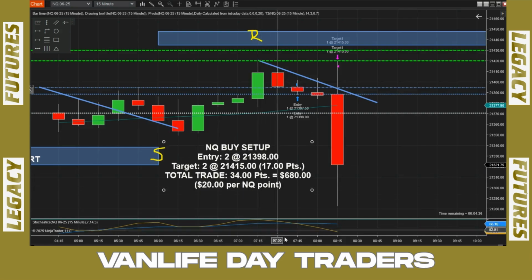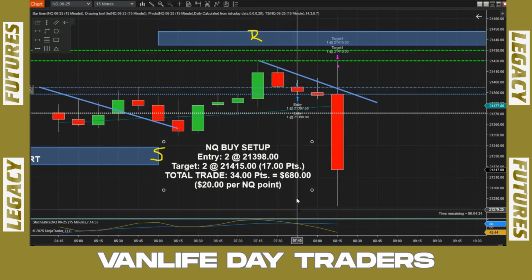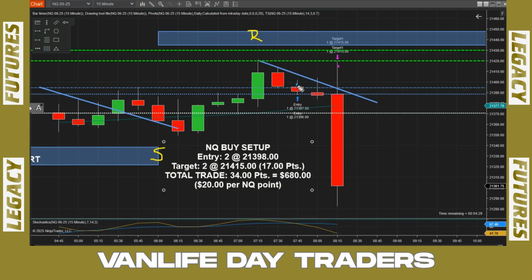Oh, okay. This is so beautiful. You see, okay, we have a high here, we have a resistance zone here, and we have a take profit level right here, retesting this high. And I got out a few ticks below that take profit.